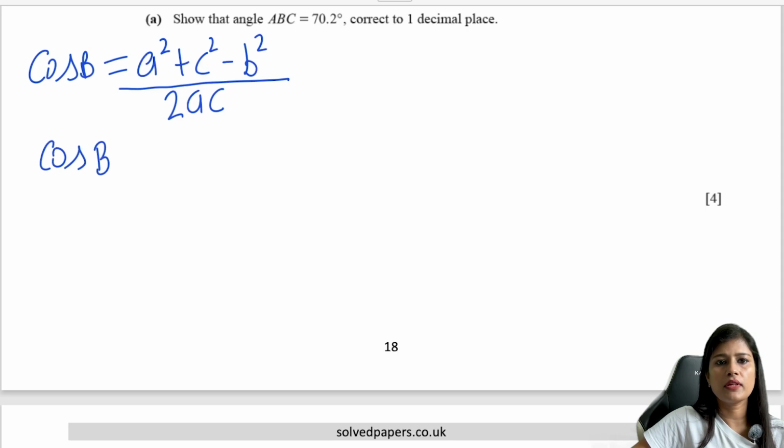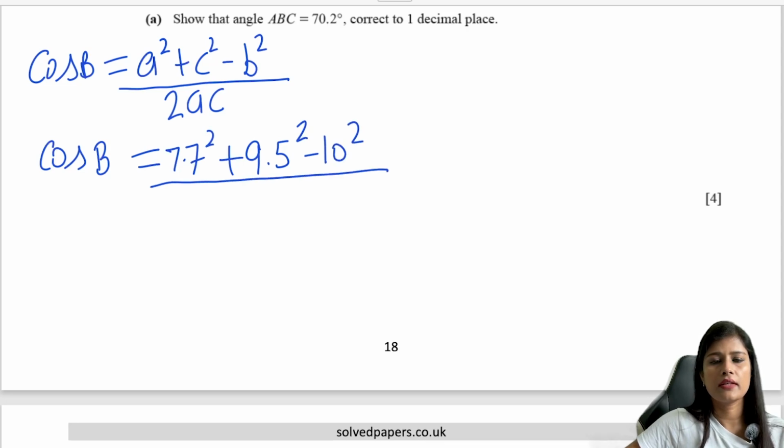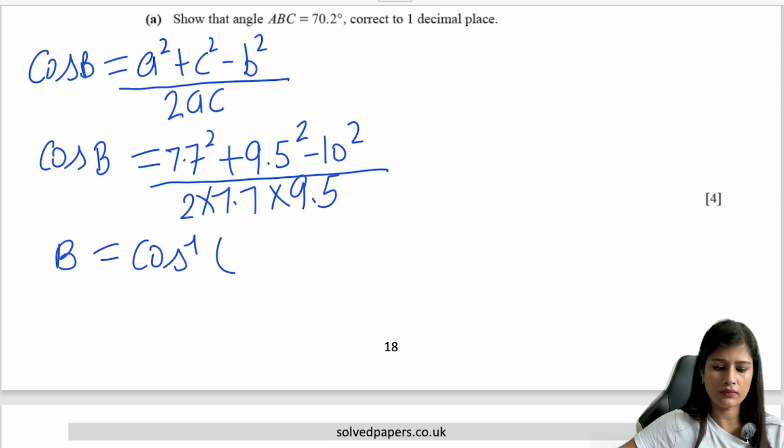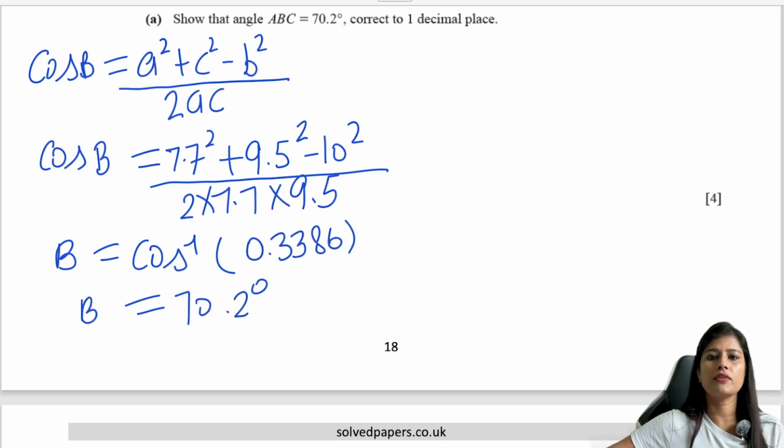So cos b will be 7.7 square plus 9.5 square minus 10 square divided by 2 times 7.7 times 9.5. So b will be cos inverse of 0.3386. So b will be 70.2 degree, which we are supposed to prove.